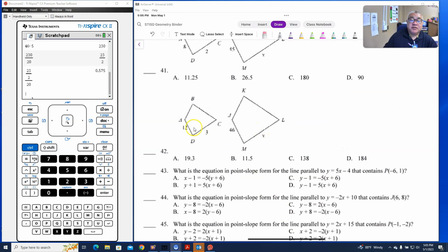So 42, we have similar polygons again. So we have AD is to JM as DC is to ML. So AD is 12, JM is 46, DC is 3 over X. So we have 12 times X, 12X, and then 46 times 3 is 138.